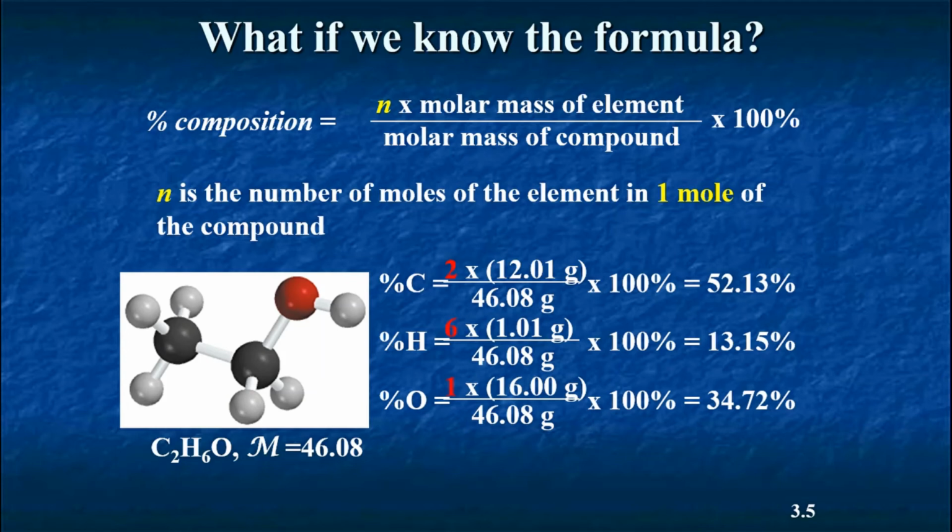And then oxygen would be 1 times 16.00 grams divided by the molar mass times 100%. And the key thing here is that to check your numbers, when you finish, you'll have to add up and make sure they add up to 100%. Again, in this case, I chose to leave the hydrogen percentage at 13.15.